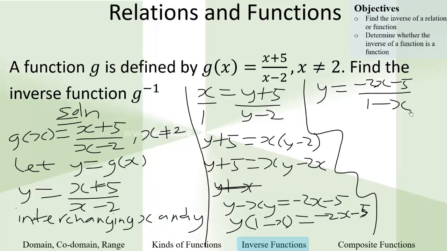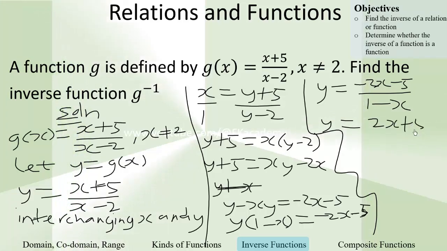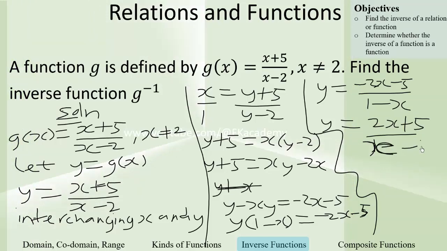So y will be equal to, we can rewrite this. Multiply the numerator by negative 1 and multiply the denominator by negative 1. So that will give us 2x plus 5 all over x minus 1.